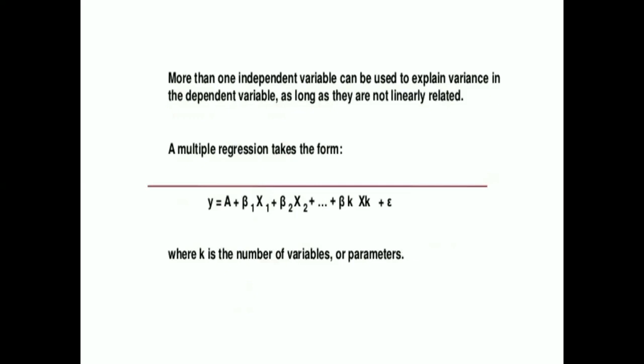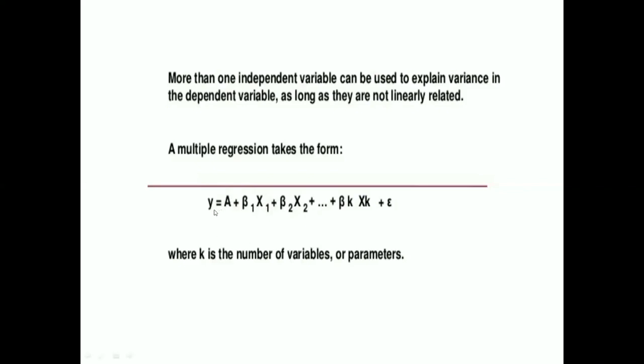More than one independent variable can be used to explain the variance in the dependent variable, as long as they are not linearly related. If the data set has systolic blood pressure, diastolic blood pressure, weight, height, and age, we can take them all: x1, x2, x3, up to xk. If there is more than one independent variable, we go for multiple regression.